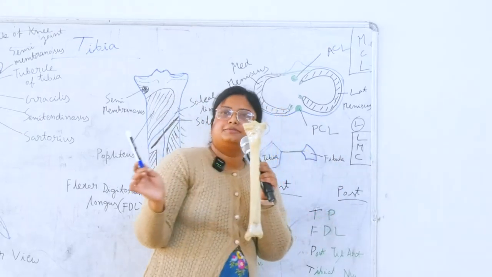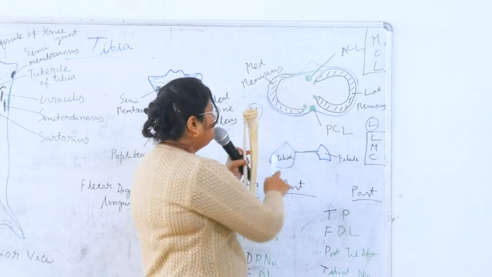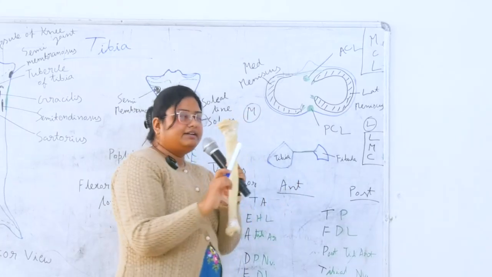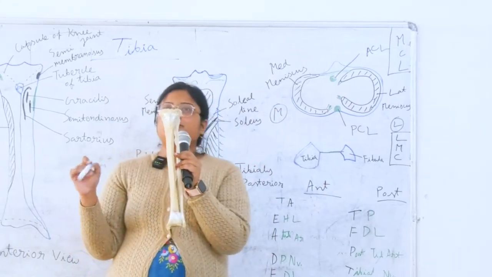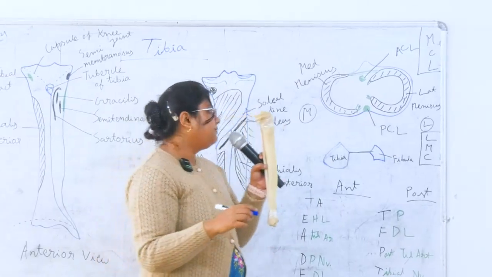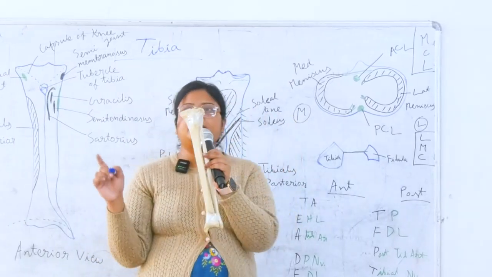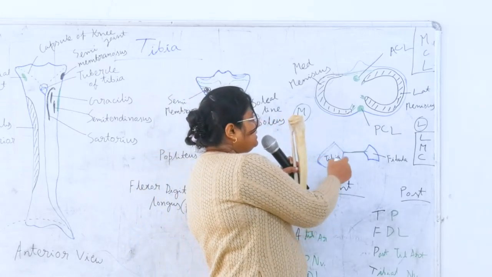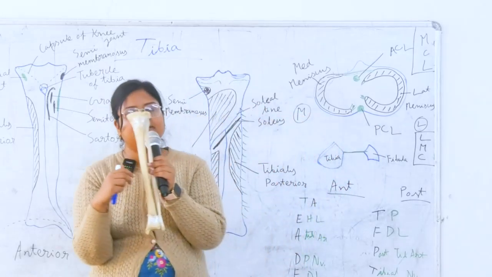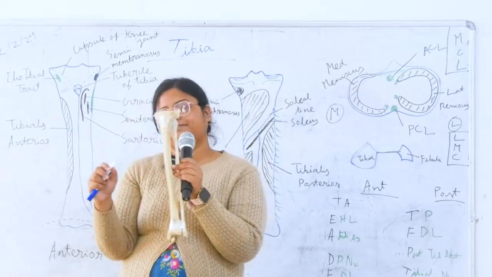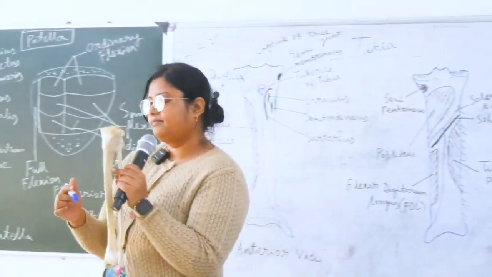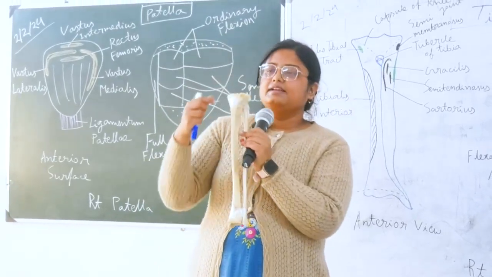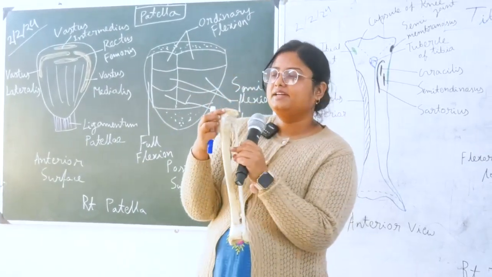Okay, understood? This tibia and fibula are connected by an interosseous membrane, which forms the middle tibiofibular joint. Now, another thing: there is attachment of some structure.